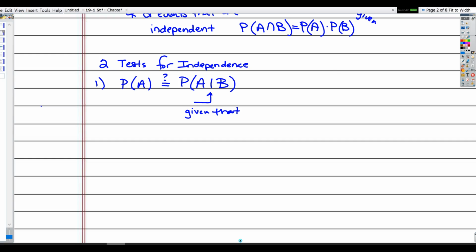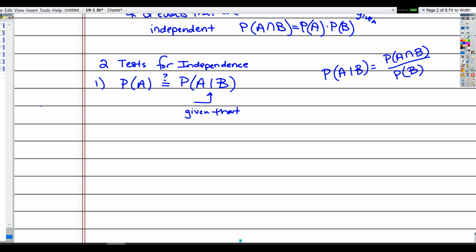The probability of A given B is equal to the probability of A and B occurring, so like their intersection, over the probability of just the given. Now, in a minute, you're going to see it's not really as hard as this formula makes it.